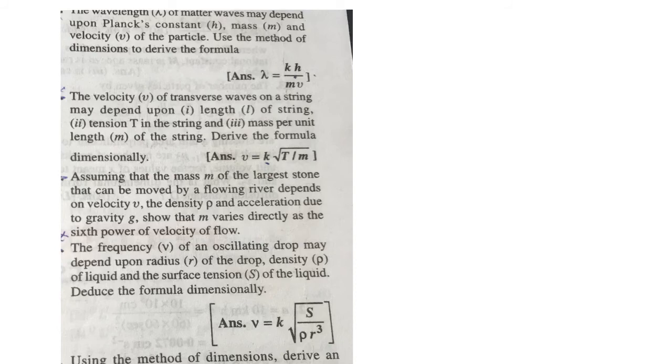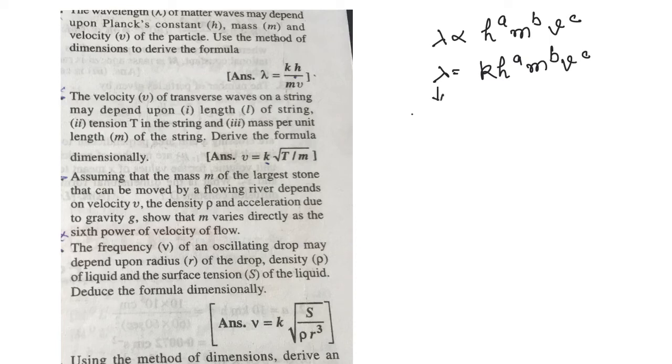Okay, so lambda is found to be proportional to h raised to power a, mass raised to power b, and velocity raised to power c. So lambda can be written as k h^a m^b v^c.